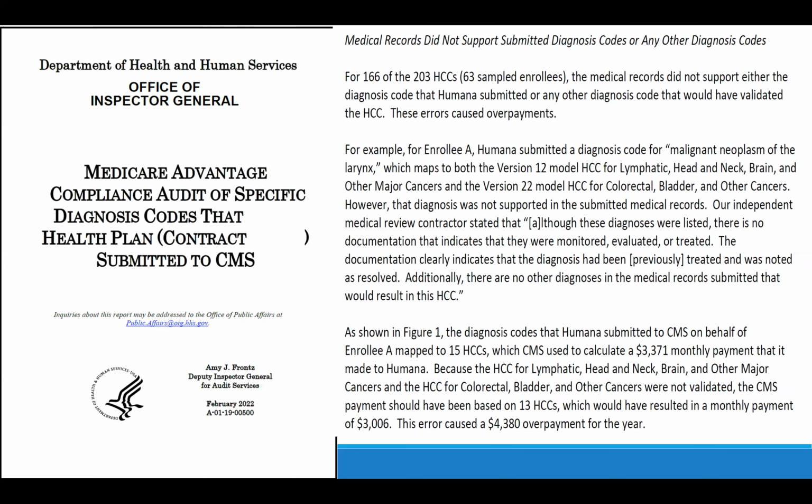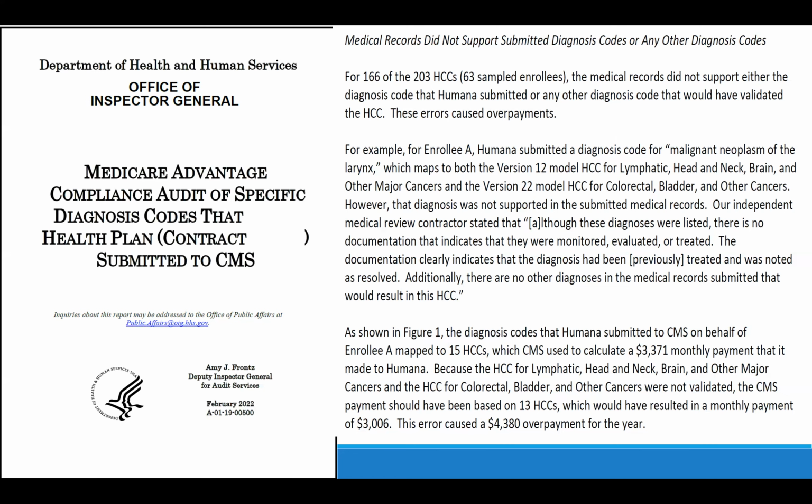So $3,371 per month. That means that CMS is paying $36,000 a year to Humana to cover this beneficiary. $36,000 a year.